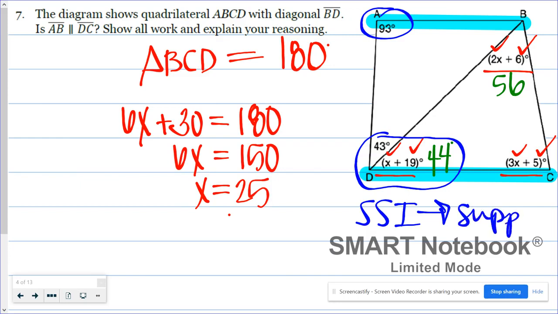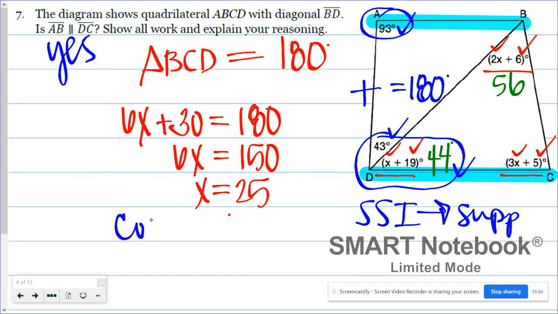So do those angles add up to be 180? So if we go 93 plus 43 plus 44, do we get 180? Yes, we do. So one way that we can say that AB is parallel to DC is by using that converse of the same side interior angles theorem.